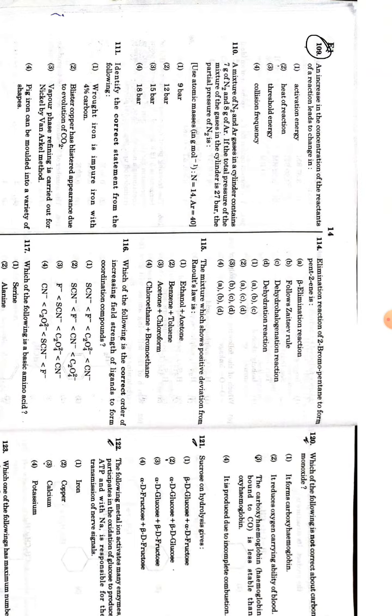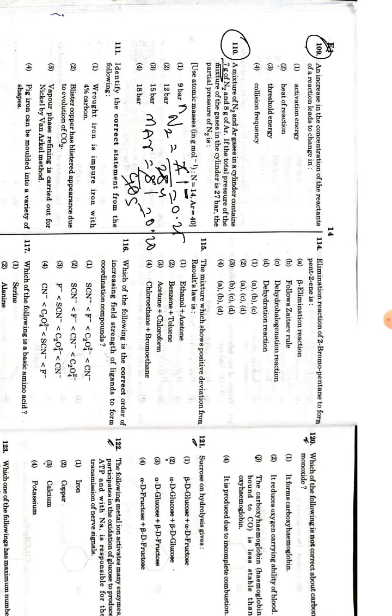Now 110, a mixture of nitrogen N2, number of moles of N2 is equal to 7 grams by 28 molar mass. N is 14, he has given over there. Number of moles of argon is 8 by 40. So it is 1 by 4, 0.25. This is 1 by 5, that is 0.20. He has given the total pressure.